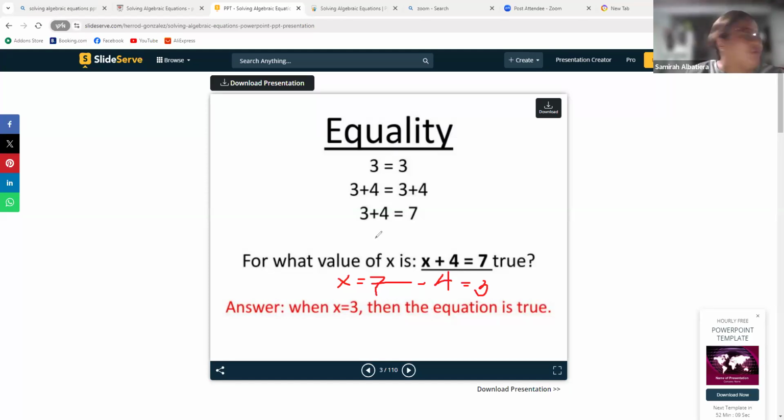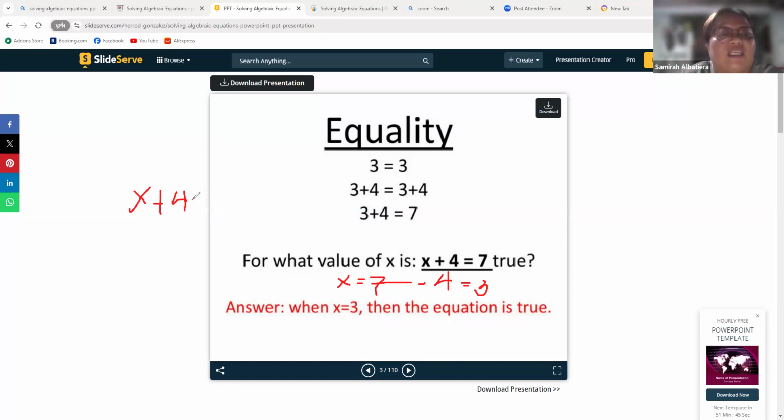By the way, we can also solve it like this. x plus 4. We want to make sure that what will remain on the left side is only x. So what are we going to do?